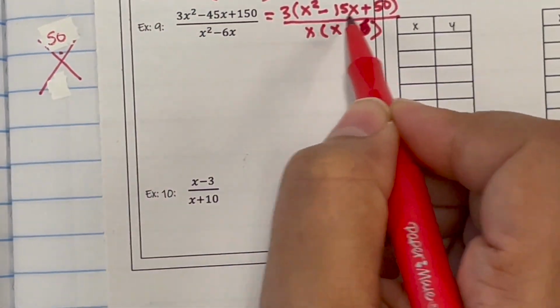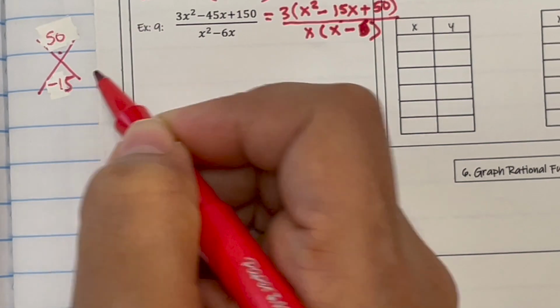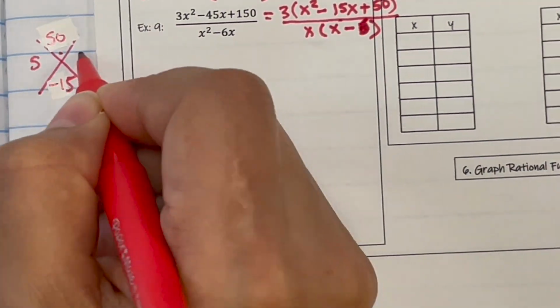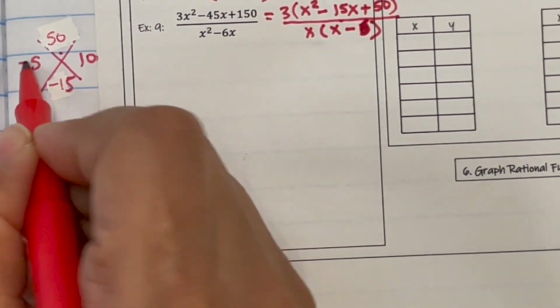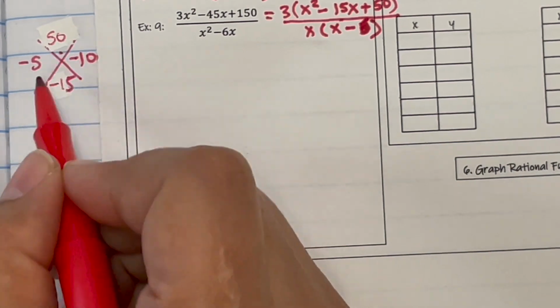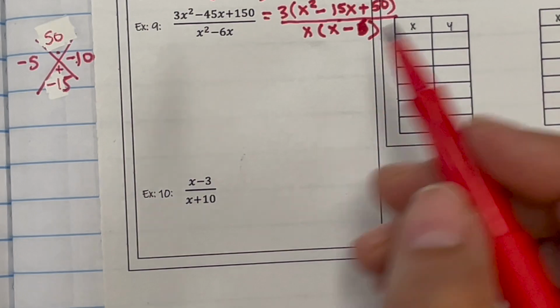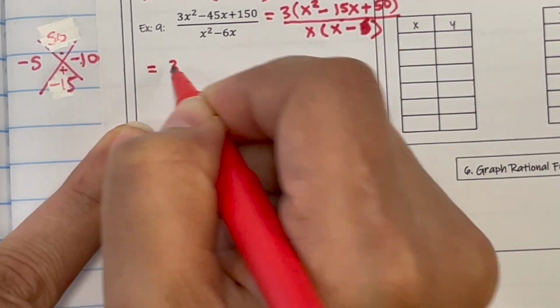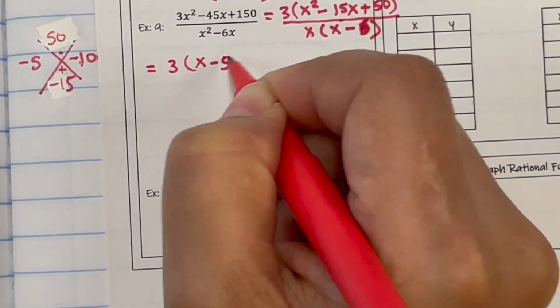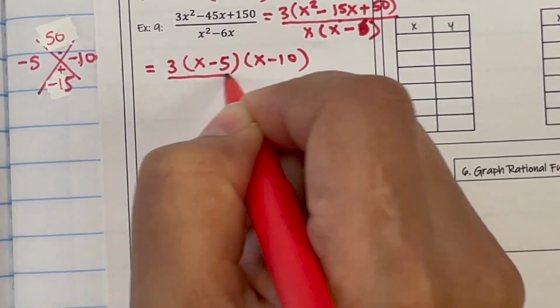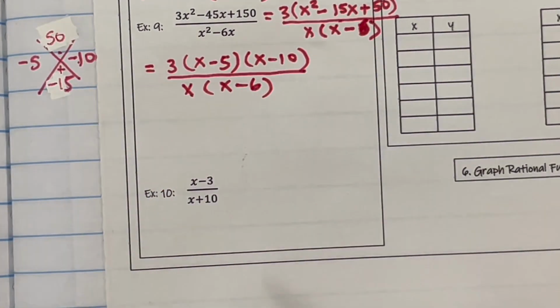So it multiplies to 50 and adds to negative 15. So what numbers do that? 5 and 10. And we need both of them to be negative, so it can be positive when you multiply, and negative 15. That works. Okay, so let's go ahead and write that out. So the numerator is going to become 3 times x minus 5 and x minus 10 over x times x minus 6.